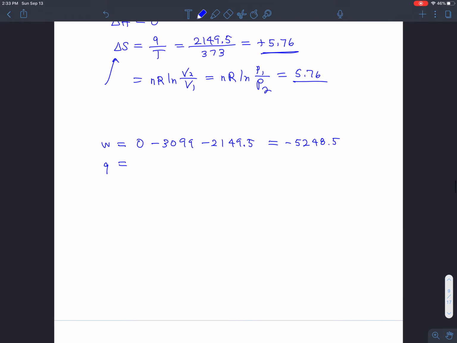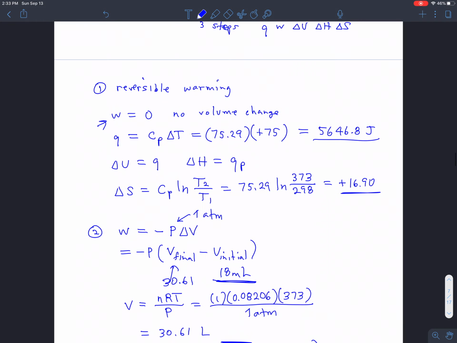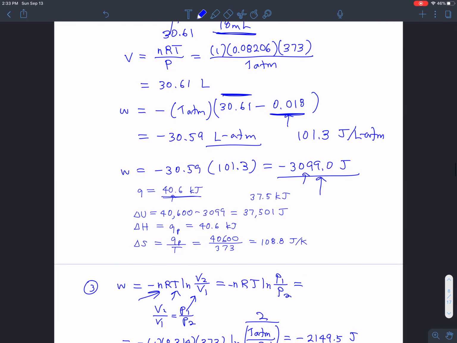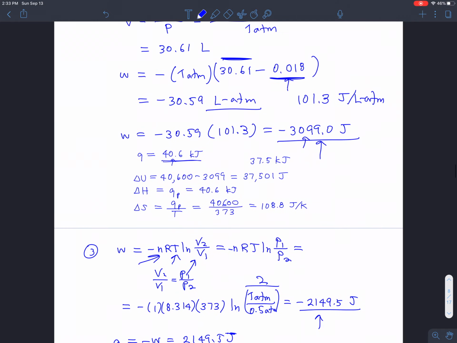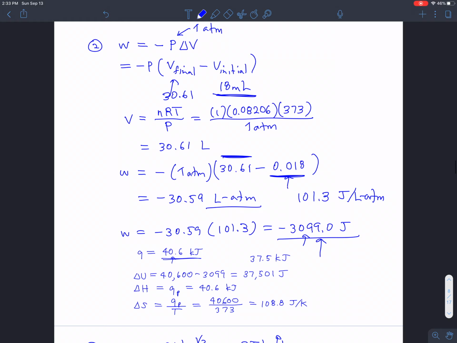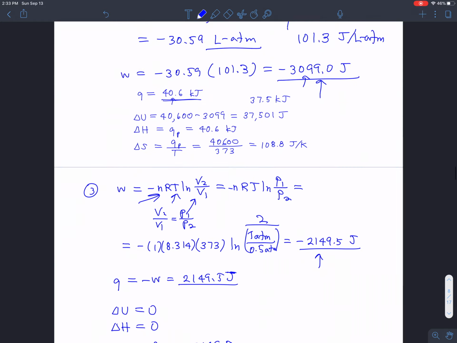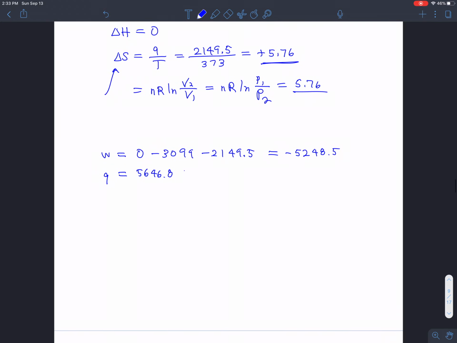Q is then equal to, for step 1, 5646.8. For step 2, it is 40,600. So that's going to dominate everything.